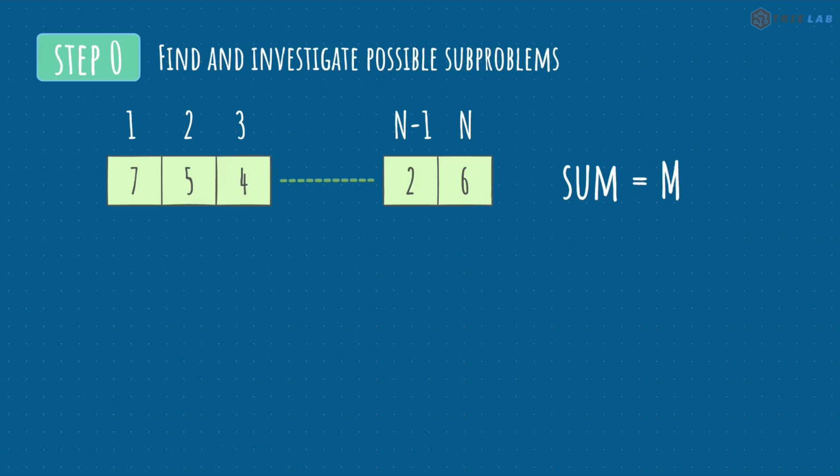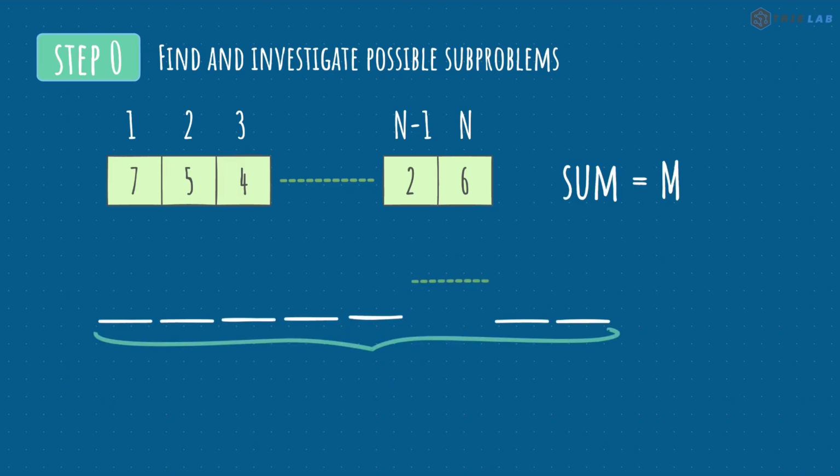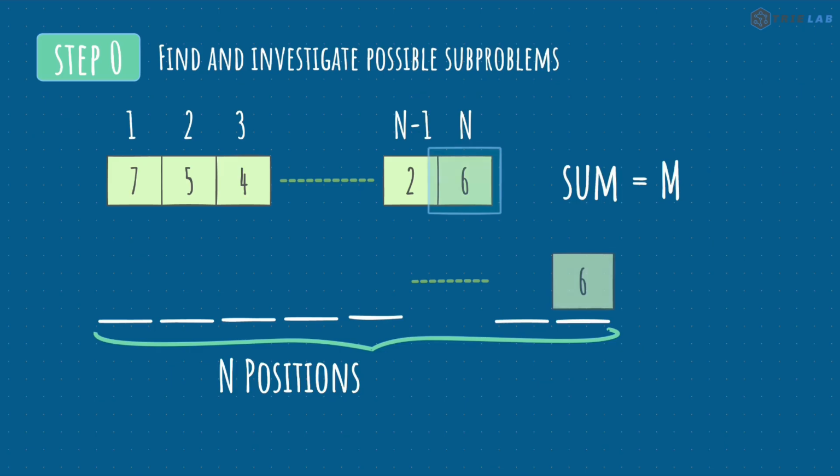The first intuition that I have is that there are n positions from the n elements in the array, and a particular sum can be formed by some of the elements in this array by either including them or excluding them. So we can have a possible way by including 6, where every solution will have 6 as one of the elements adding up to the sum of m.